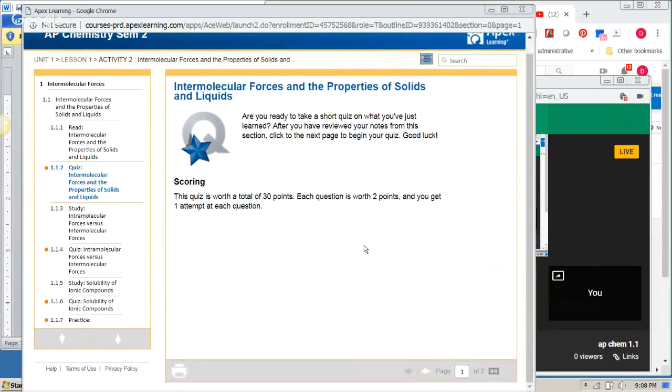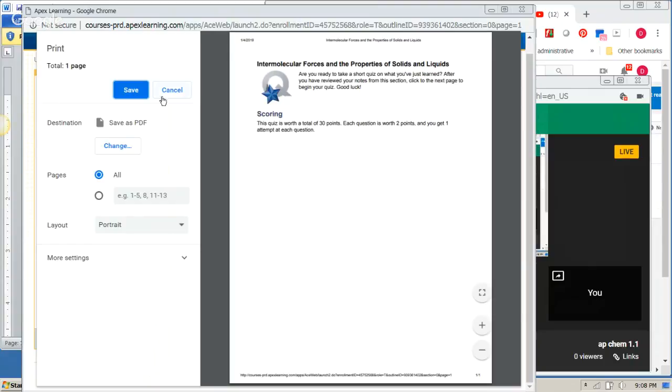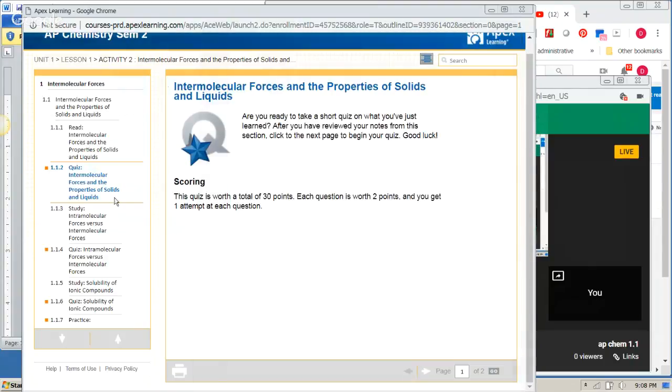Maybe not. It's not letting me do that. No. But I could just print it off for you, but not sure how to do this.